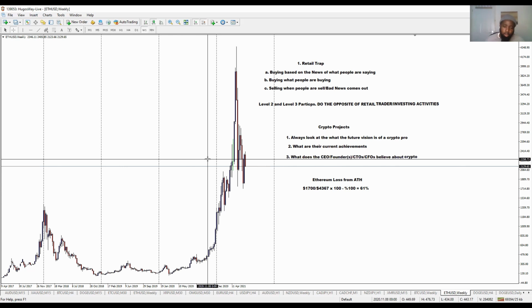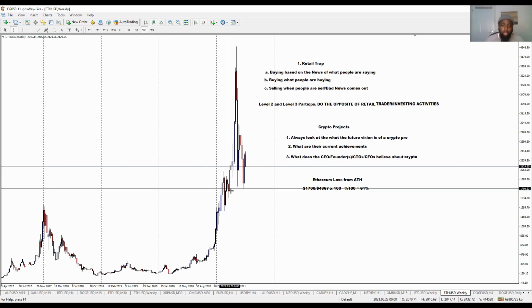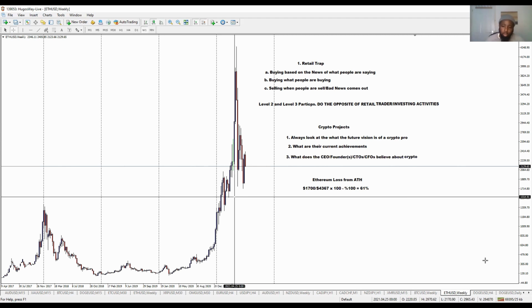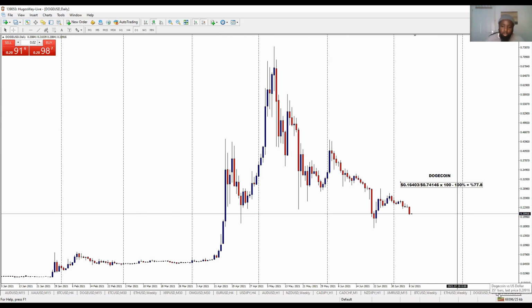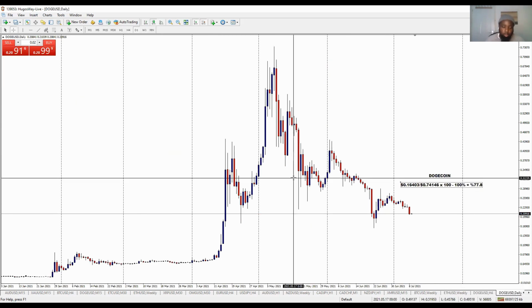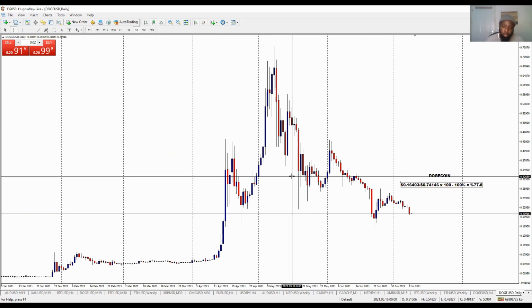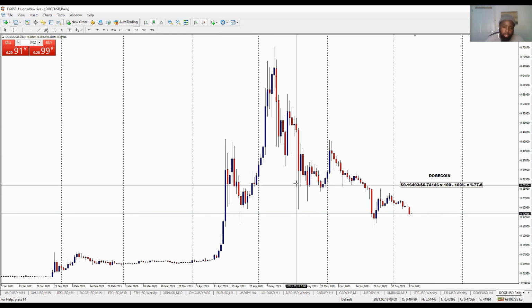On top of that, Ethereum has been put forward for ETFs, whereas Dogecoin has no such thing. And this is because whenever you see institutions get involved in something, it's very different from when retail traders tell you to get involved in something, or to do what they're doing. If there's high institutional interest in a certain asset, that means it truly is going to be an asset of the future that has potential.